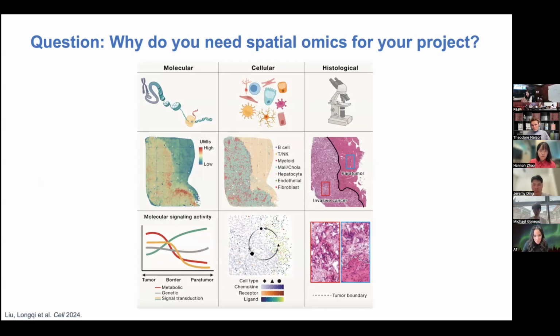It can be histological, where you take hematoxylin and eosin staining and look at where the tumor is, where the invasion is, where the immune infiltration is happening. You can go all the way down to cellular, where you run single cell on the cell types you're interested in. Are you interested in immune cells? Are you interested in fibroblasts? Are you interested in different tumor microenvironments, different cell combinations or subtypes at the same time?